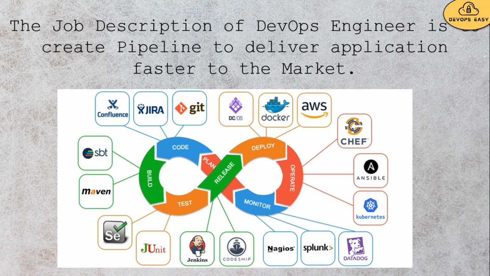How we will create this pipeline, we will discuss further. But until now you understand, right? The basic job description of a DevOps engineer is to release the product fast to the market. Then I will discuss this pipeline now.